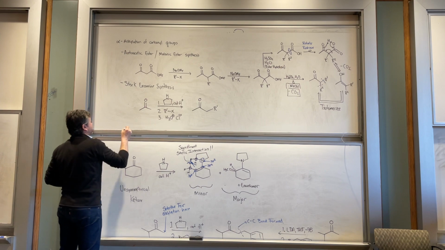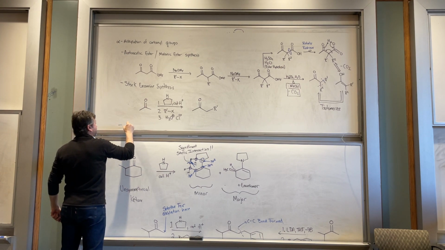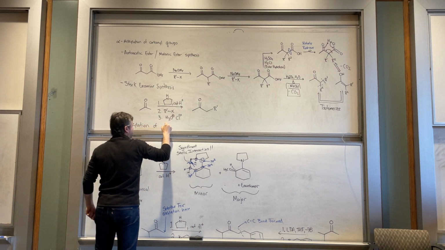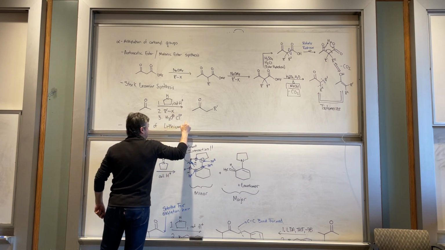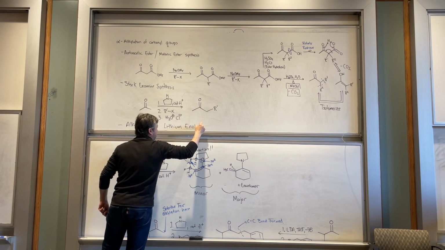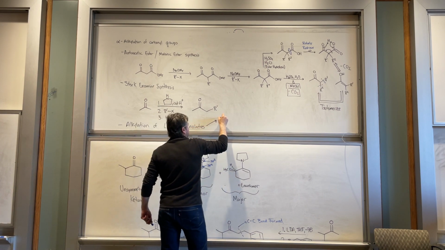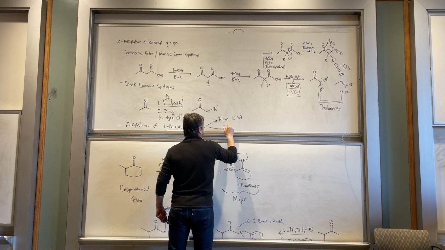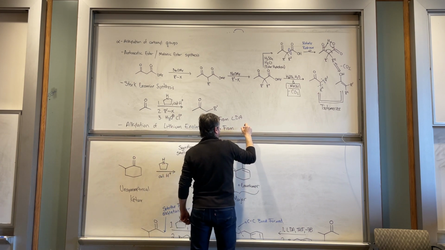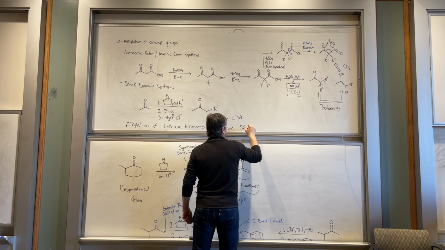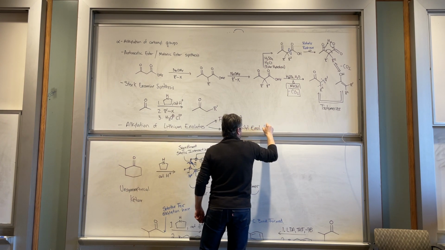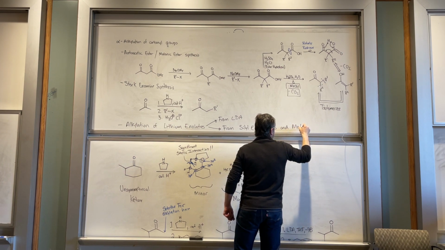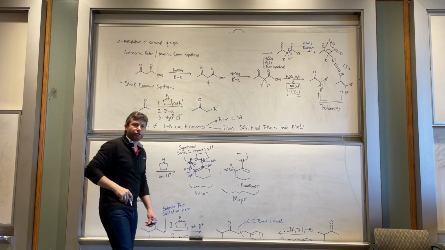So the third way of alkylating is alkylation of lithium enolates. We've learned a couple of different ways to make lithium enolates.